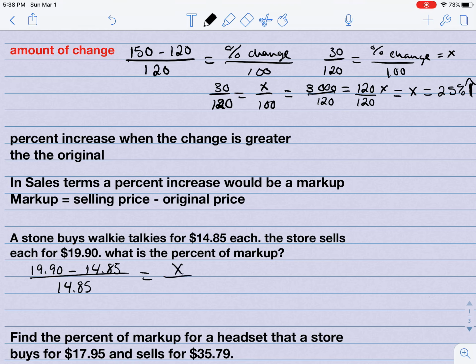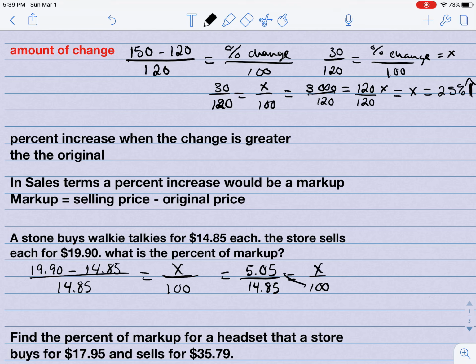So that's going to equal our percent of change, or our percent of markup, over 100. Okay, and so now this is equal to 5.05 over 14.85. That's equal to x over 100.